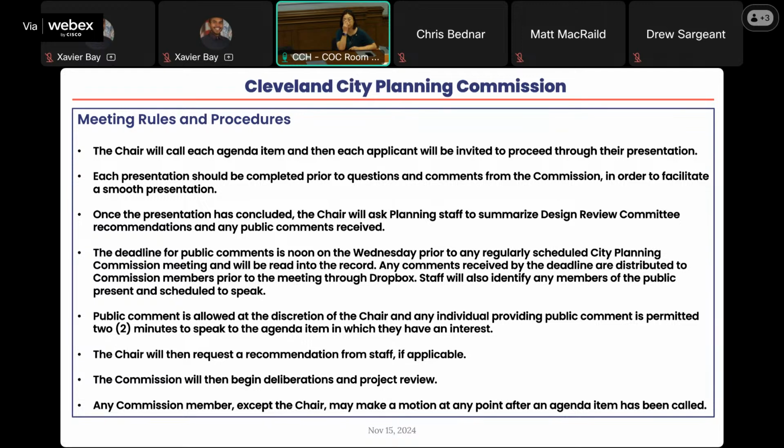Any comments received by the deadline are distributed to commission members prior to the meeting through the draft box. Staff will also identify any members of the public present and scheduled to speak. Public comment is allowed at the discretion of the chair, and any individual providing public comment is permitted 2 minutes to speak to the agenda item in which they have an interest. The chair will then request a recommendation from staff if applicable. Commission will then begin deliberations and project review. Any commission member except the chair may make a motion at any point after an agenda item has been called. Thank you.